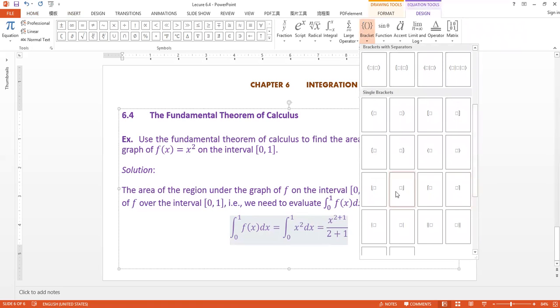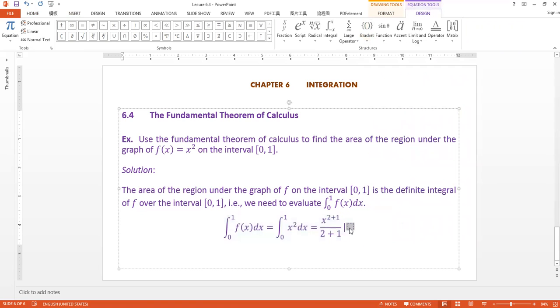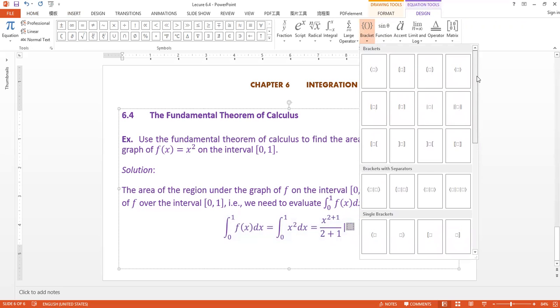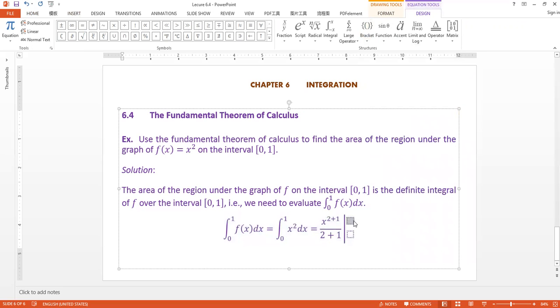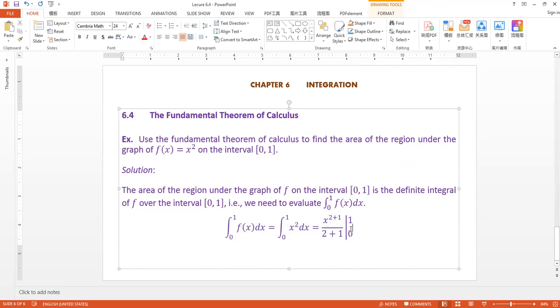So let me just put the notation here. We need to evaluate the antiderivative we found at 1 and 0 and subtract. So this is the notation. This means we need to evaluate this function at 1 and 0 for x and subtract.